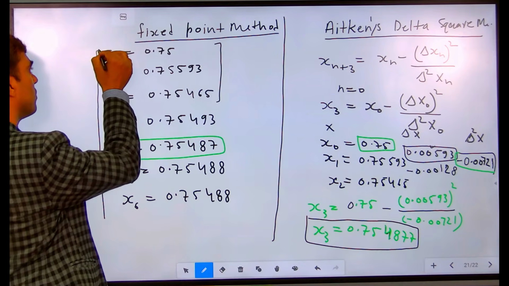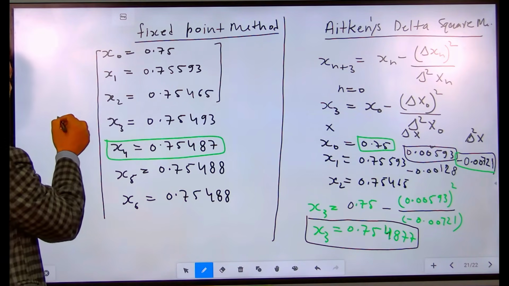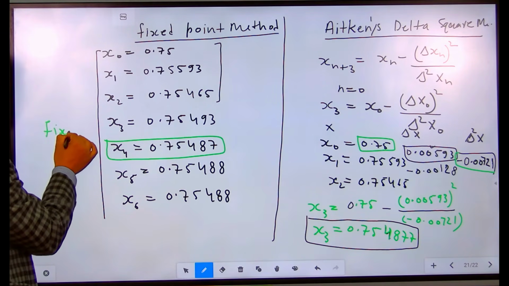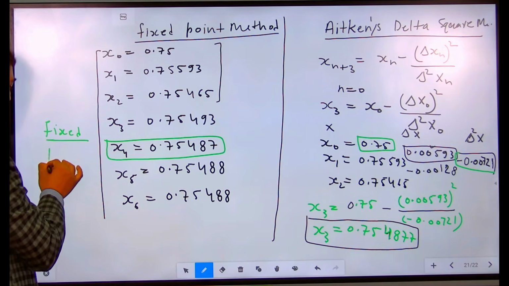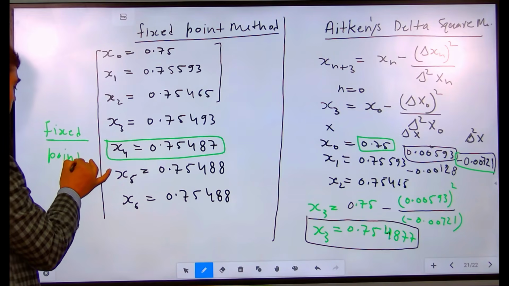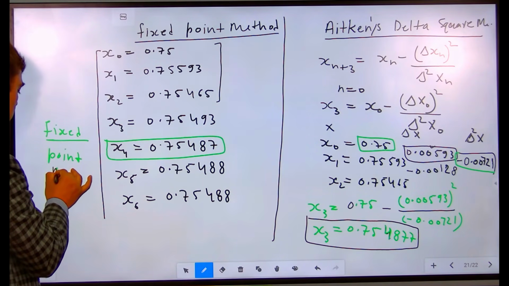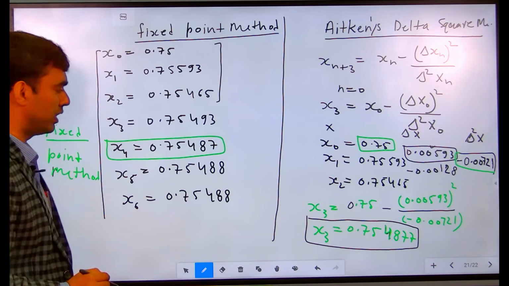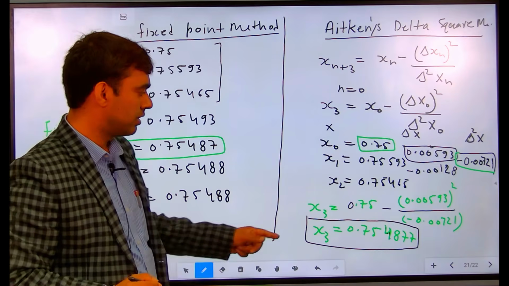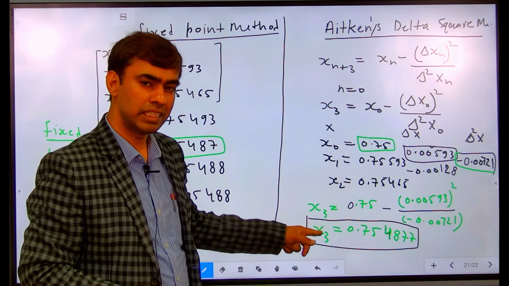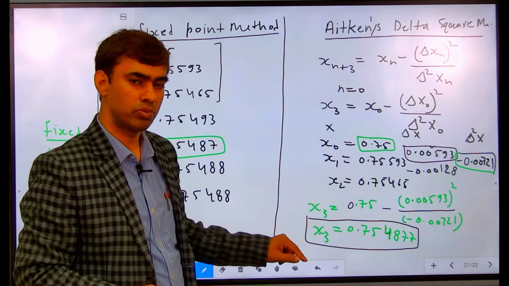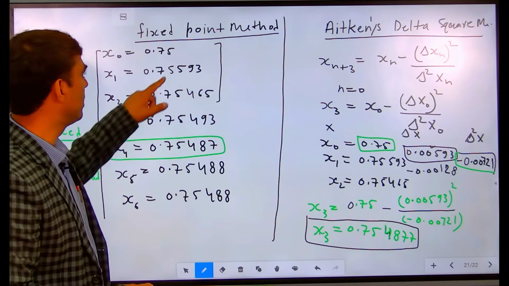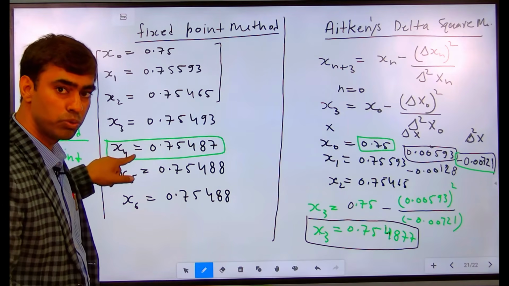If we perform only the fixed point method, not Aitken's delta square method, then the accuracy that we obtain in the third iteration by Aitken's delta square method, the same level of accuracy we obtain using the fixed point method in the fourth iteration.